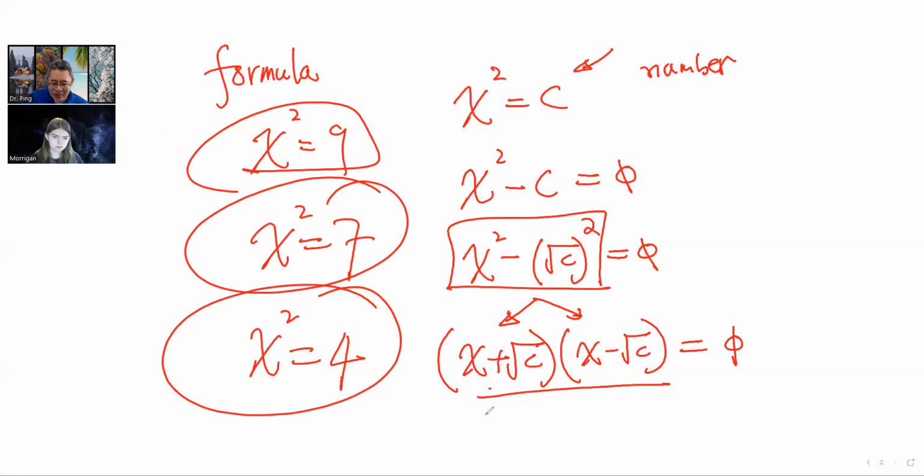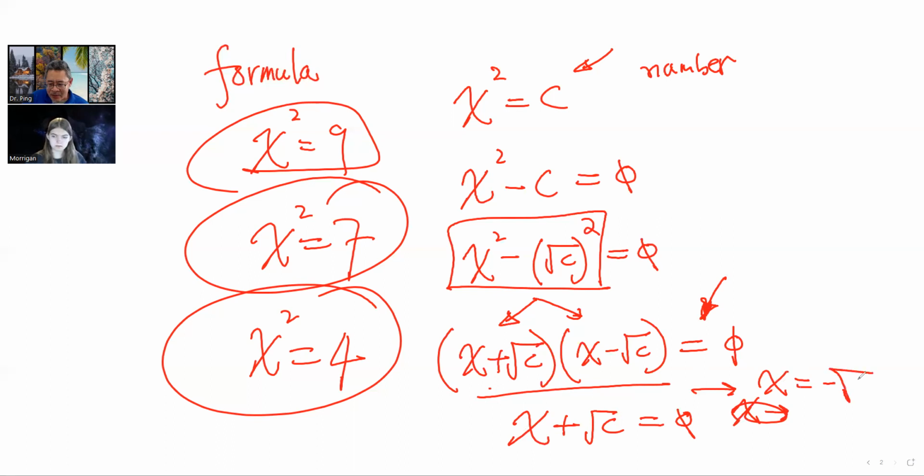And well, if this is true, which means either this factor is zero, which gives us the solution that x is negative square root c, or x minus square root c is zero, so that gives us x equals square root c. Good? Okay.